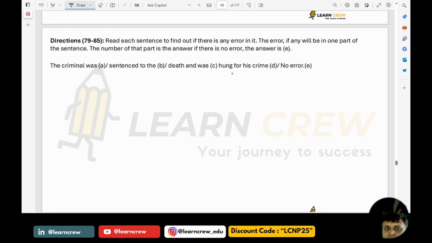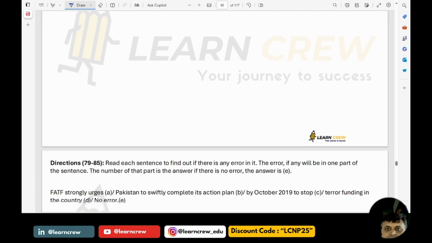When punishment is given like hanging, it should not be used in past tense. It has to be hanged. So in place of hung, you have to keep hanged. So here D is the answer.